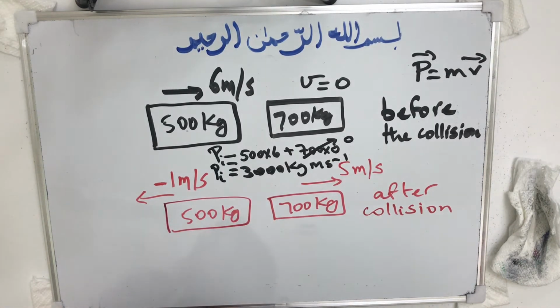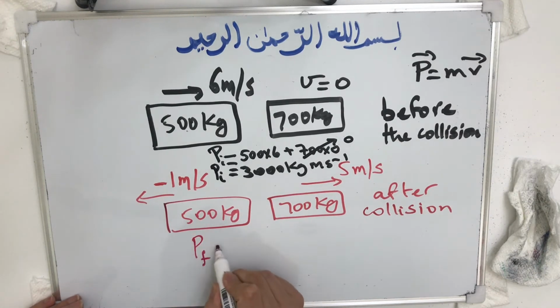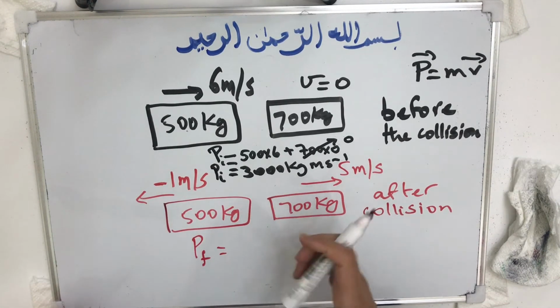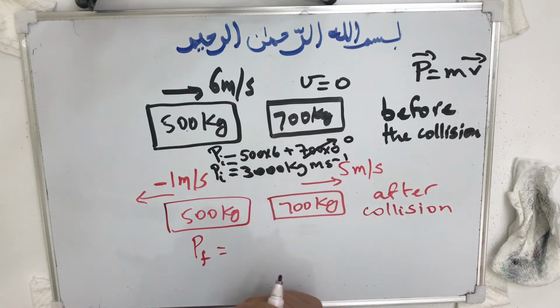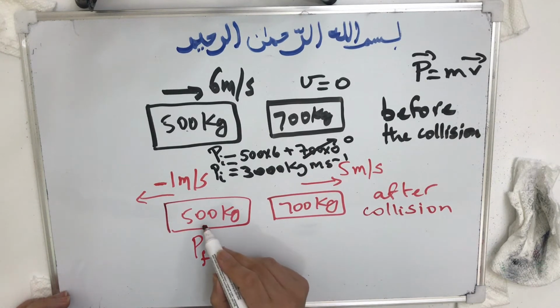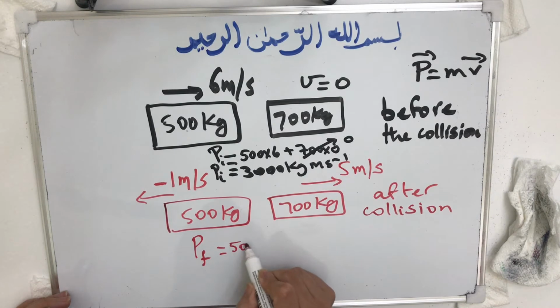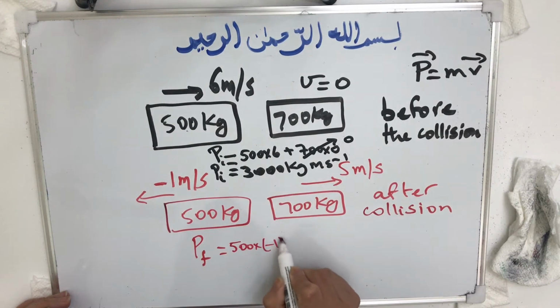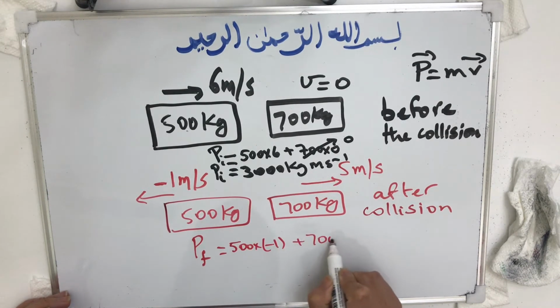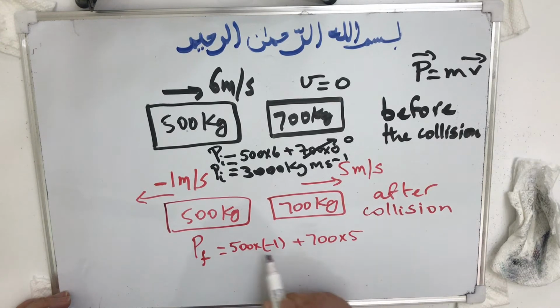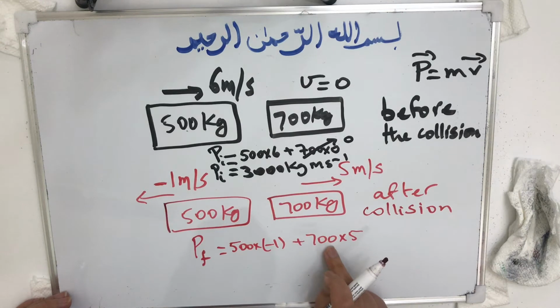Now P final after the collision of the system. P final, I've got here 500 times -1 plus 700 times 5. So it's going to give me -500 plus 3,500.